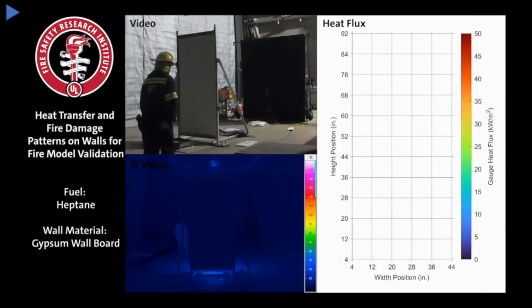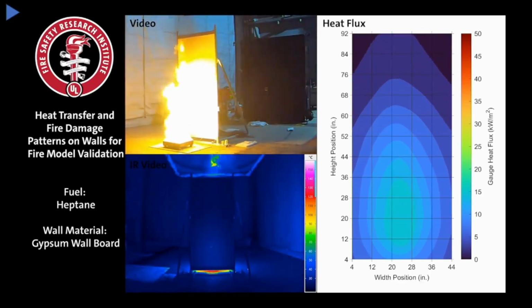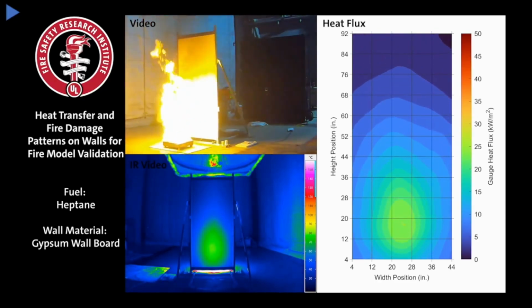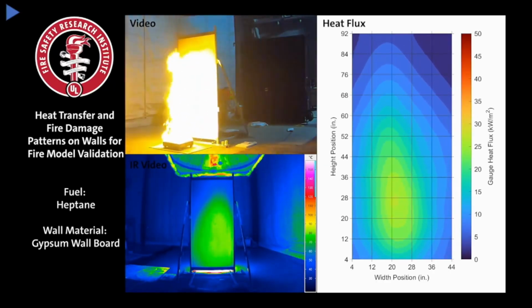Here you can see we've got a heptane fuel located directly in front of the wall, and I've got an infrared image sequence on the bottom, and then the plot on the right shows the derived incident heat flux to that wall. As the fire grows over time, you can see that the region of greatest thermal impact is in the center, as we would expect, center, left, and right, and more towards the bottom.